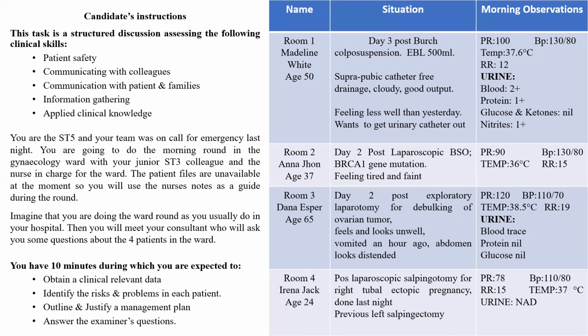So I will see the patient's notes also, and before this she also had a previous salpingectomy, and this is a salpingotomy. So it will be very distressful for the patient as she is very young, 24 years old, to lose one tube and the other tube also affected. So maybe she will be psychologically distressed.